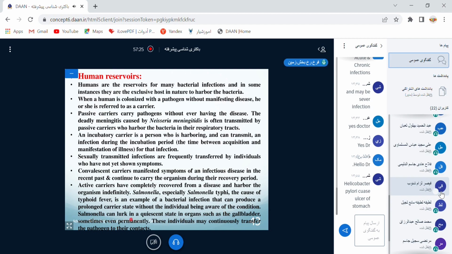Salmonella can lurk in a quiescent state in organs such as the gall bladder, sometimes even permanently. These individuals may continuously transfer the pathogen to their contacts, to the people who are in contact with them.